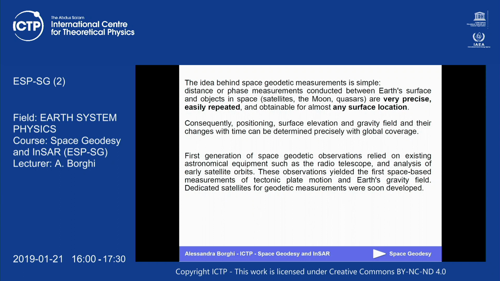Otherwise, it depends. If you look at a map, for instance, of gravity measurements, you see a lot of gaps over the Earth: in the desert parts, in the high mountains, in Antarctica. We don't have as much information as we have in Europe or in the USA and so on.